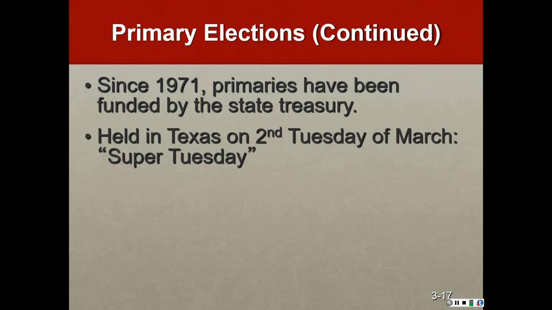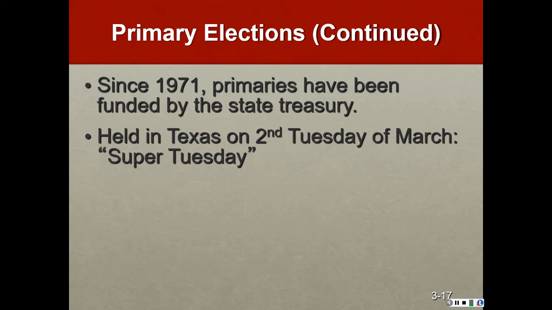Our elections are held in Texas on the second Tuesday of March. This day is commonly referred to as Super Tuesday, and the reason behind this has to do with presidential elections. A number of states hold elections on Super Tuesday.